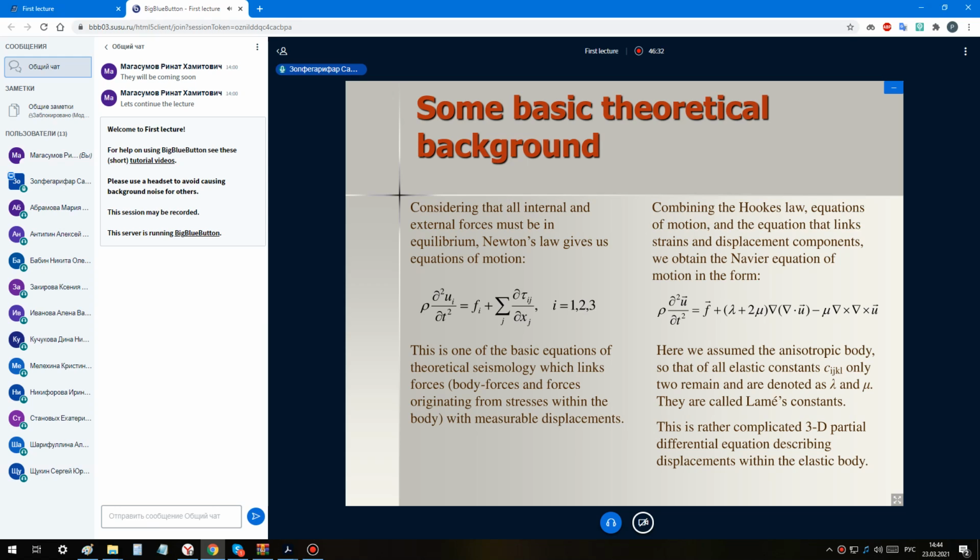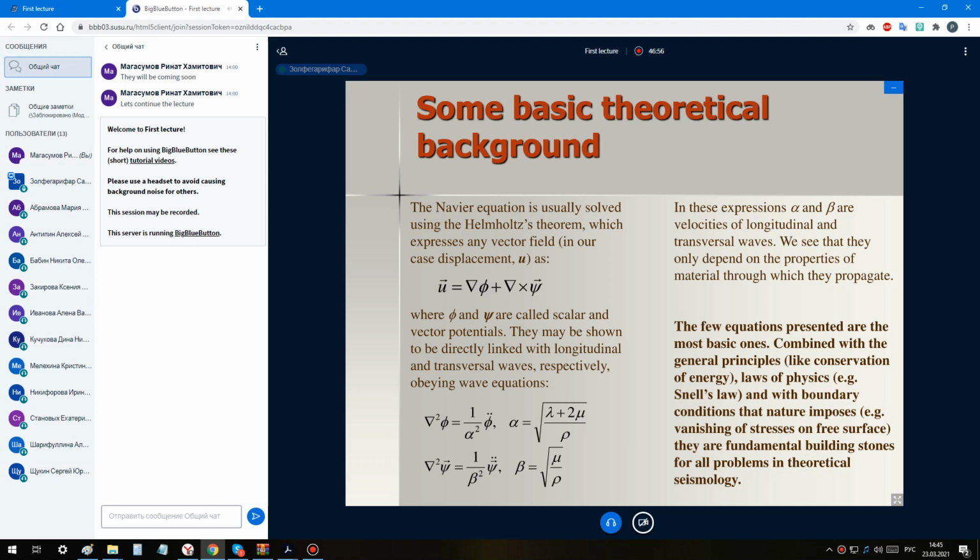This is a rather complicated 3D partial differential equation describing displacement within the elastic body. This is just for more information, some equations here.